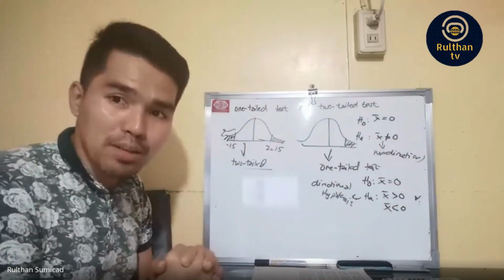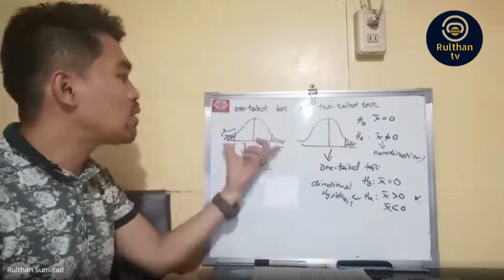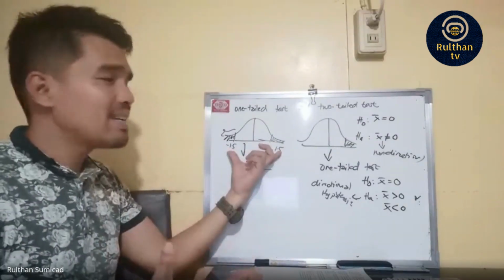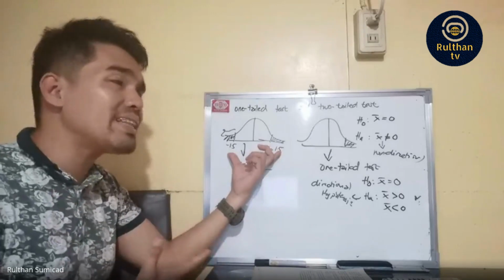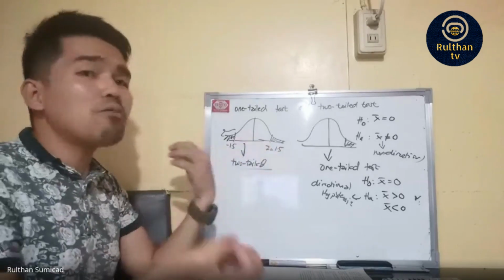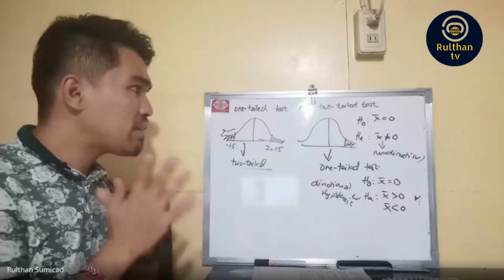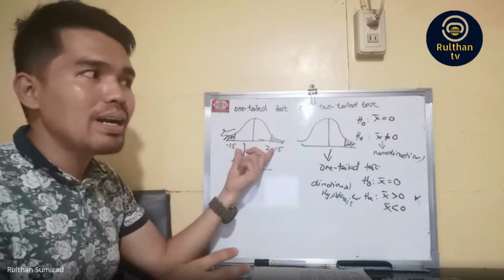Okay, but the problem here in the non-directional is that it would minimize the chance of rejecting the null hypothesis, because in this case we're not decreasing. If you notice in the two-tailed test, it is conventional in the sense that it is convenient, in the sense that either way you have your rejection area. That's good. But the problem is you're not decreasing your confidence level.